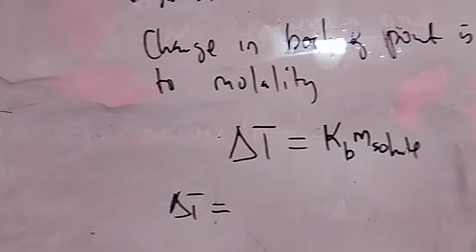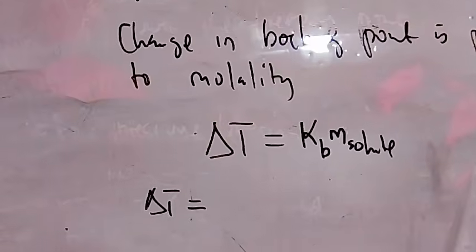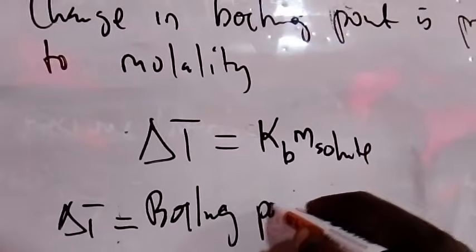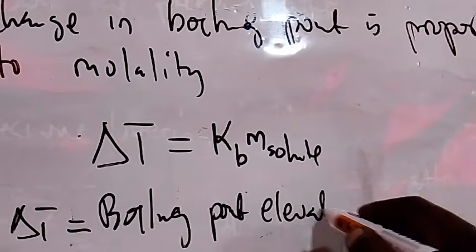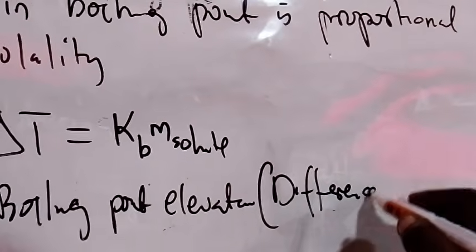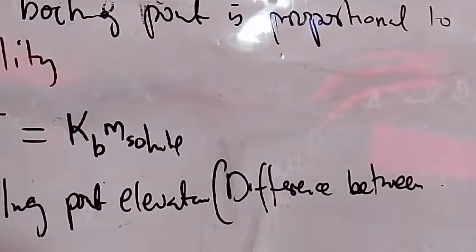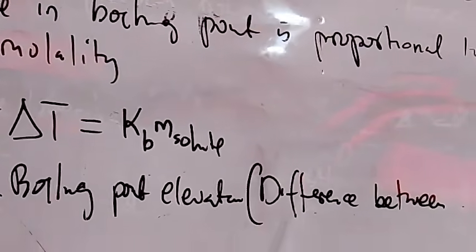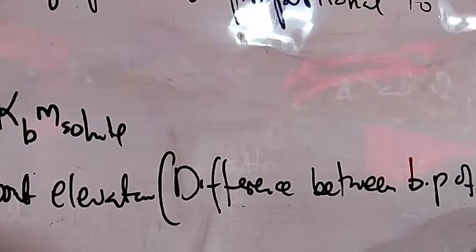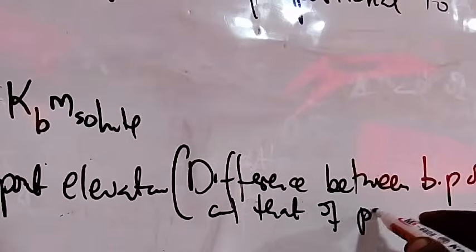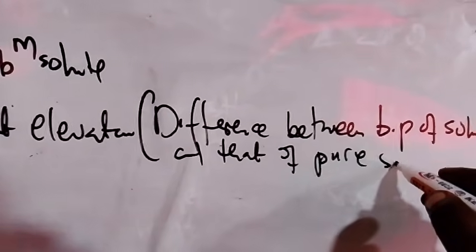So delta T is the boiling point elevation, which is the difference between the boiling point of the solution and that of the pure solvent.